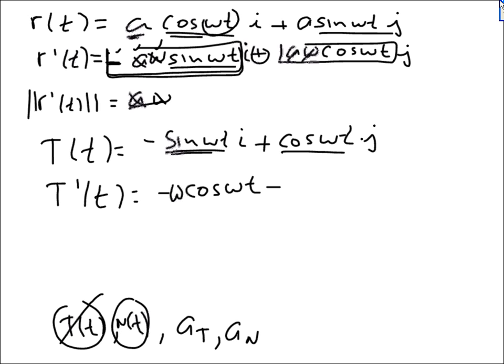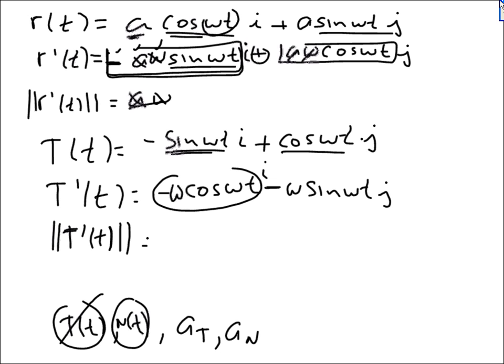And the derivative of cosine of any angle is negative the sine of that same angle times the derivative of the angle. Okay, so that's T prime. I want to find the length in the i direction and the j direction. So now, to find the length of T prime of t, I square this.